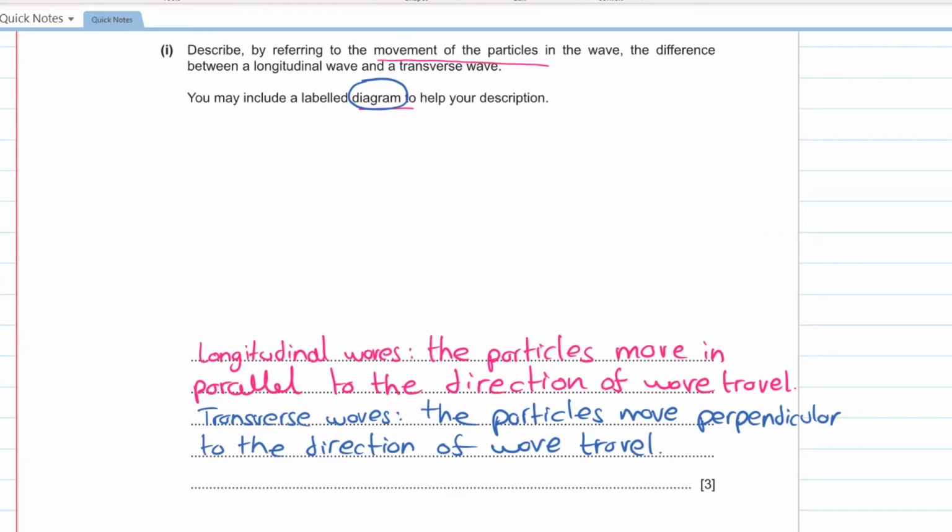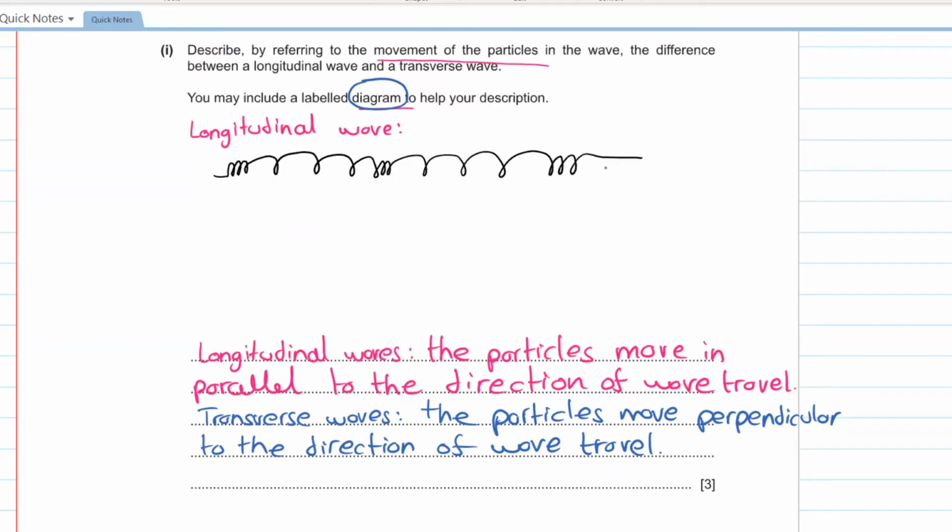How will you draw the diagram here? Very, very easy. Let's make the longitudinal wave first. You can make a spring like this.